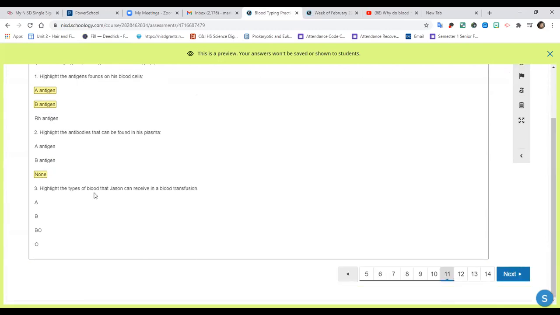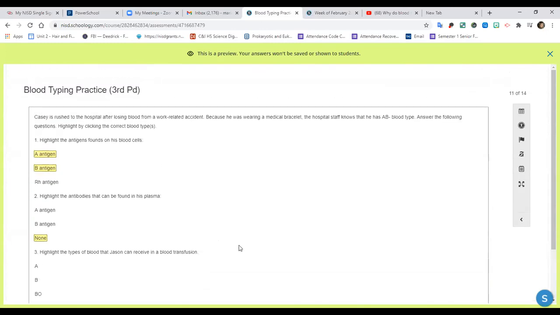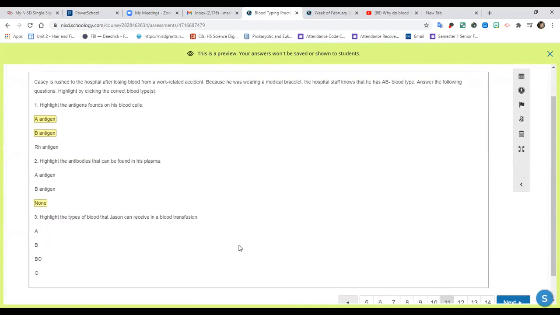Highlight the types of blood that Jason can receive in a blood transfusion. So what types of blood can Jason receive? Very good, Fatima.